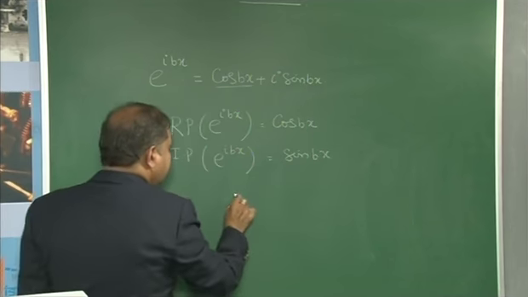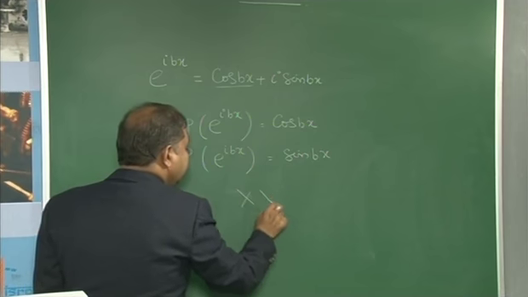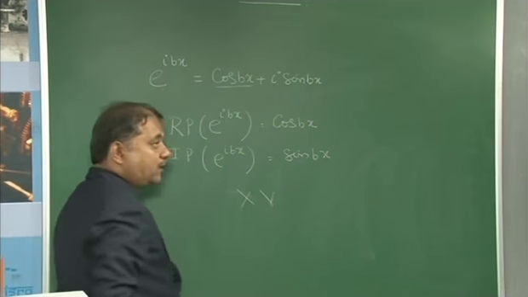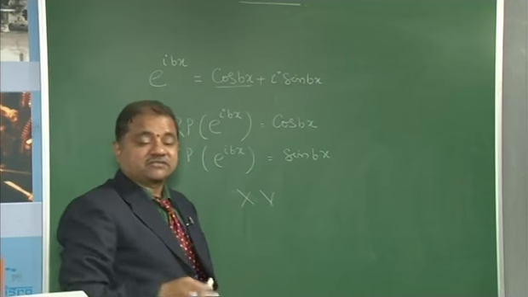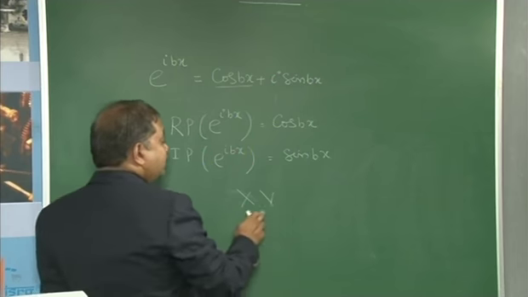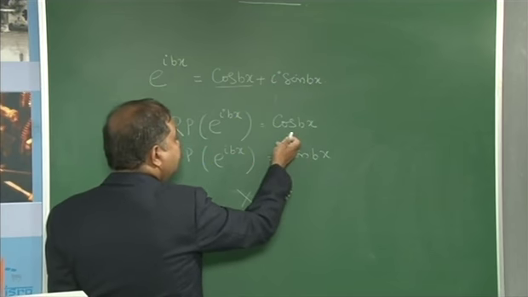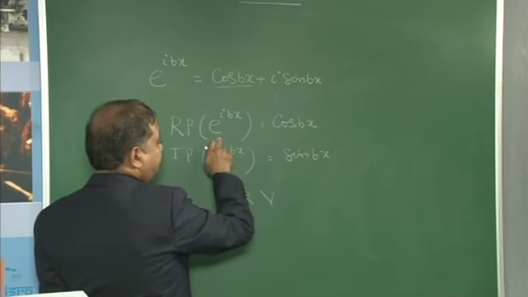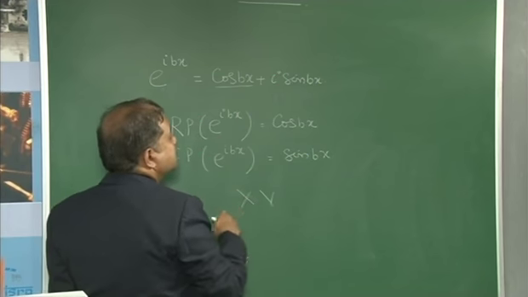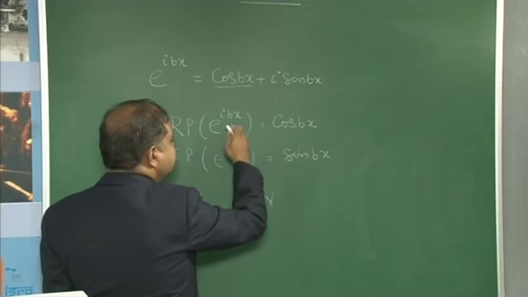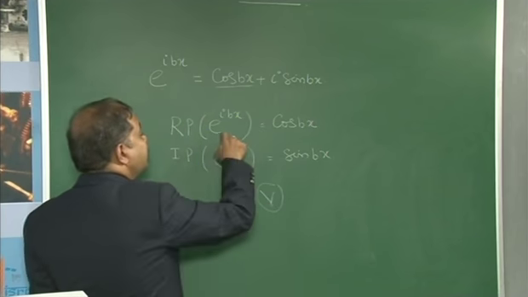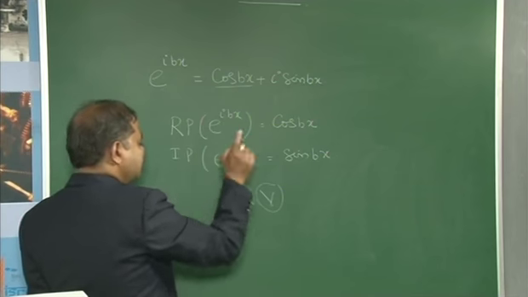Now imagine you have capital X into V. Capital X is nothing but a polynomial, either x or x square. V is either cosine or sine, and it will be represented in this form. You see the chain reaction of the types. So this will become e power i bx, either real part or imaginary part.